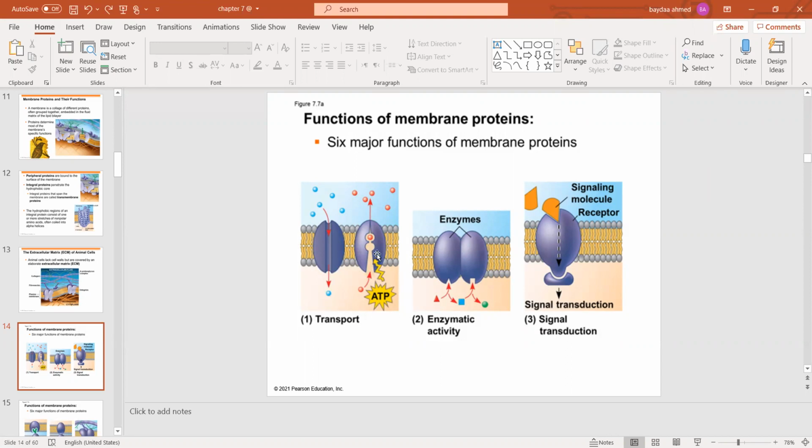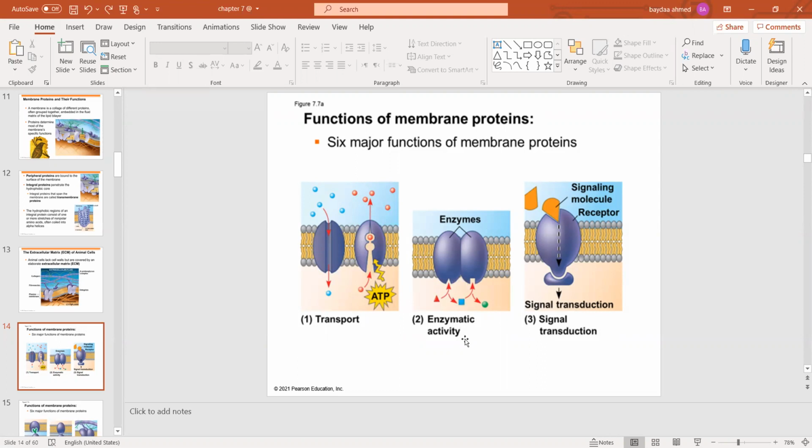On the right, other transport proteins shuttle a substance from one side to the other by changing shape. Some of these proteins hydrolyze ATP as a source of energy to actively pump substances across the membrane.